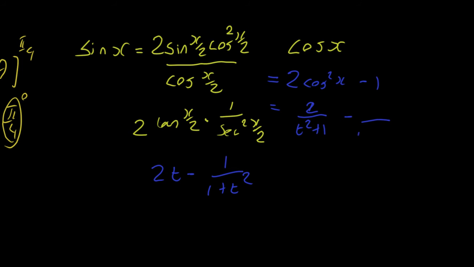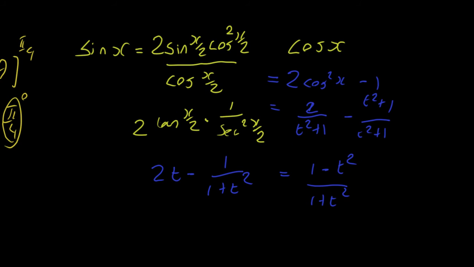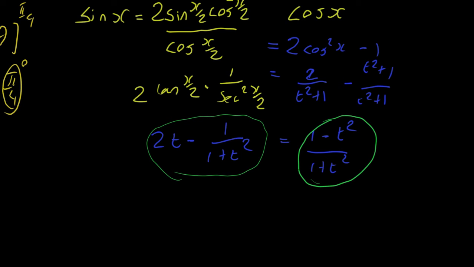So let's write 1 as a fraction with the same denominator, and we end up getting 1 minus t squared over 1 plus t squared. I would recommend deriving those yourselves and trying to memorize those identities. So we have sine x being 2t over 1 plus t squared and cos x being this. And that comes in very useful.